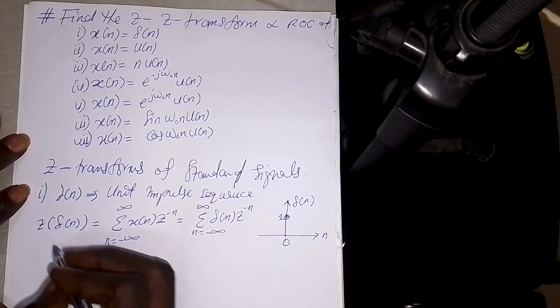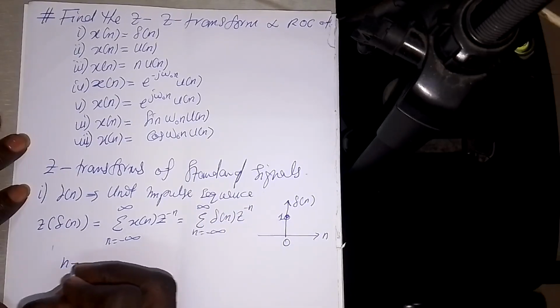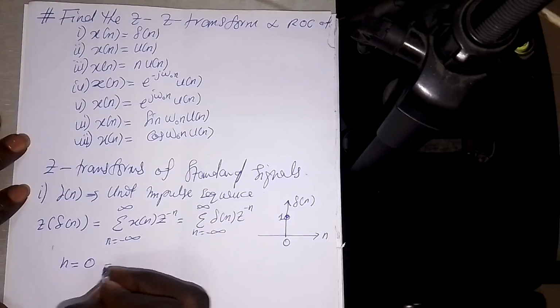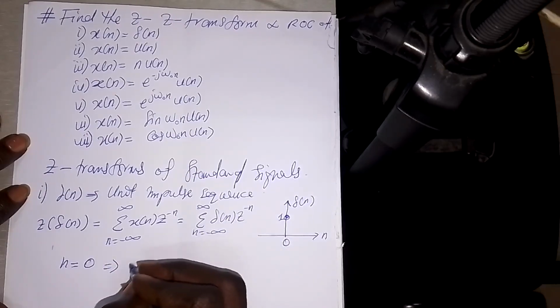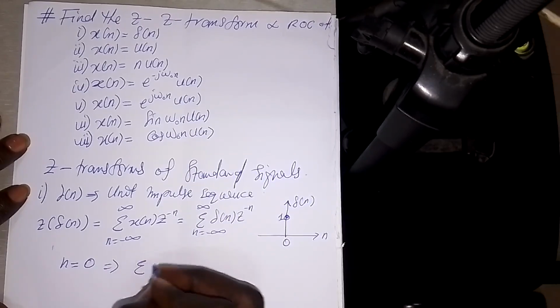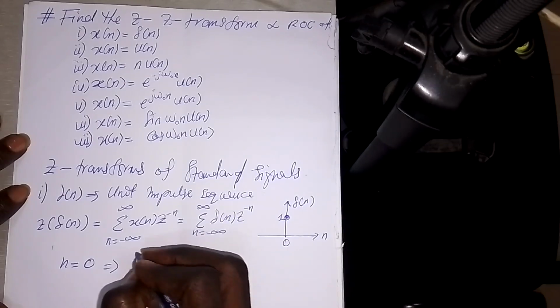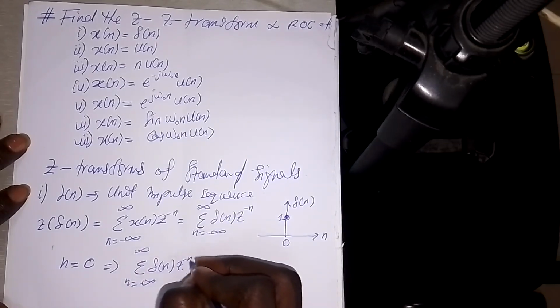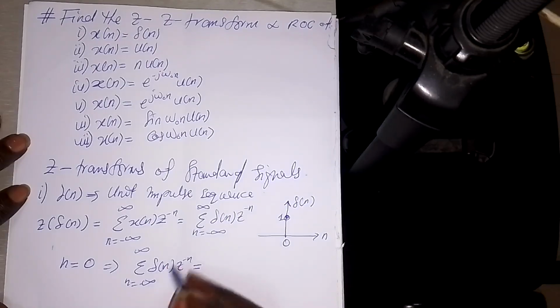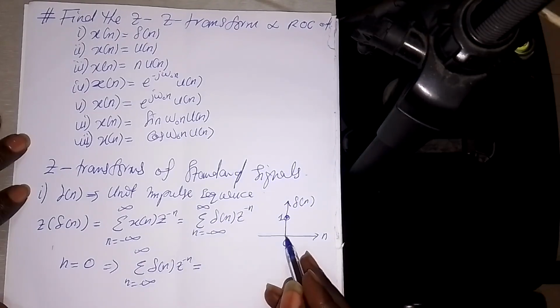So we don't have to take a summation from minus infinity to infinity, because it occurs at n equals 0. If n is equal to 0, the summation is not needed because it occurs at a specific instance of time.